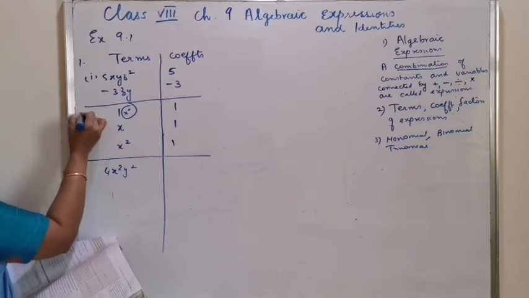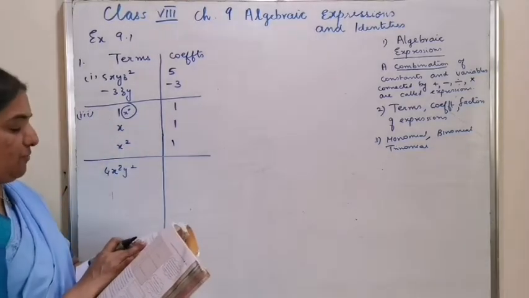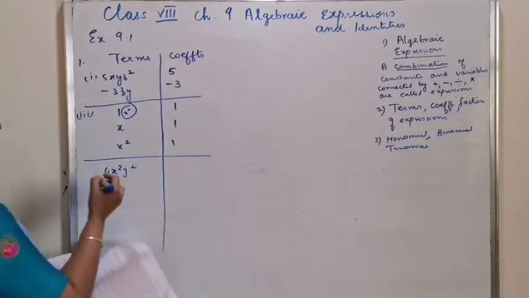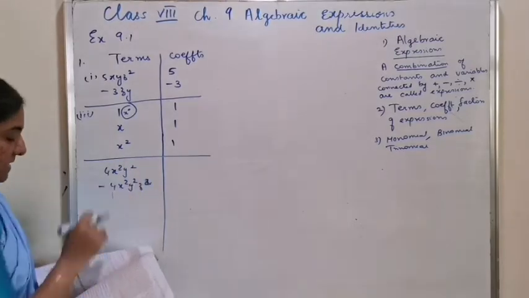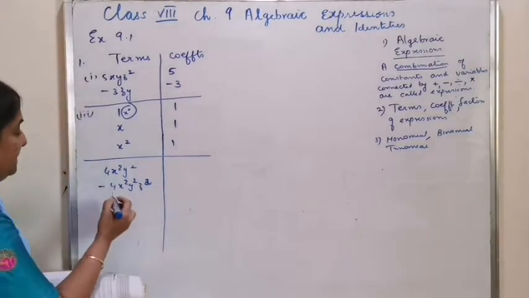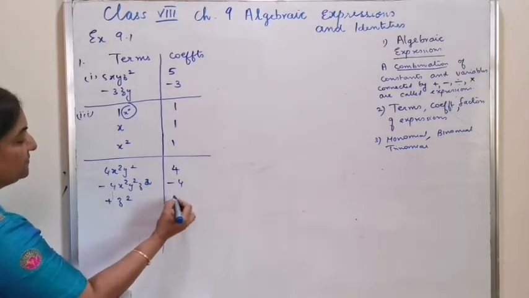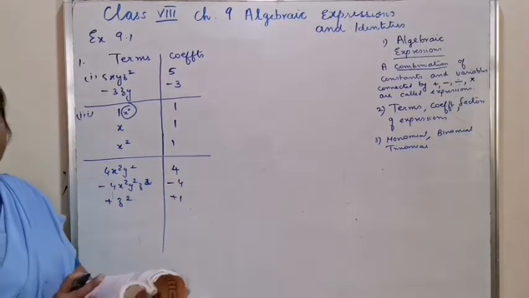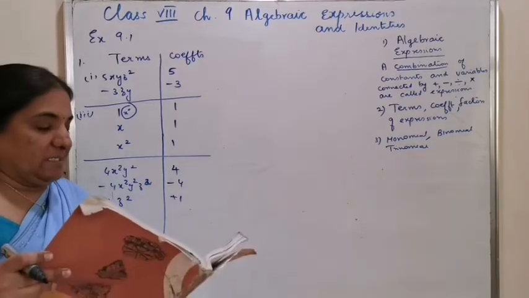The second term is minus 4x square y square z square. And the third is plus z square. That means here the coefficients are 4, minus 4 and plus 1. I hope you understood how to write. You can carry on with the other questions.